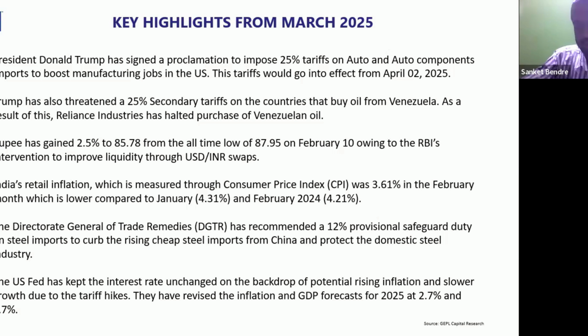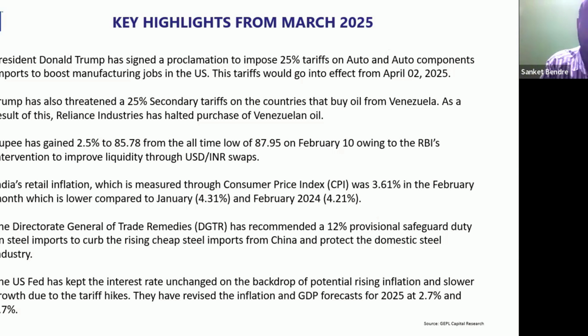This is primarily because the US Fed has been expecting inflation to set in due to the tariff hikes, which might increase the prices of products within the United States and impact the consumption of imported products, as the US imports the majority of its products. As a result, inflation might hit again, and the US Fed has lowered its GDP forecast for the calendar year 2025.